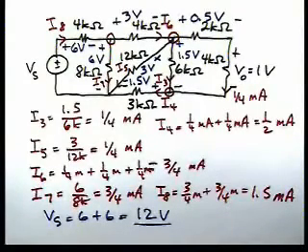Now, when V0 is 1 volt, we know that Vs is equal to 12.